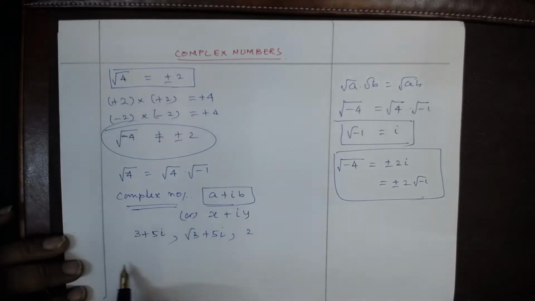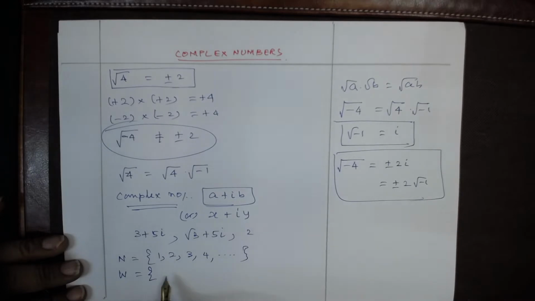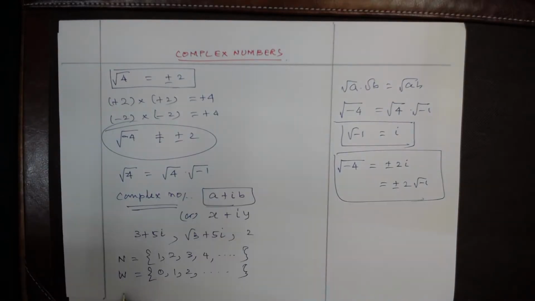For example, you know the natural numbers are 1, 2, 3, etc. And what about the whole numbers? They start with 0, 1, 2, 3.